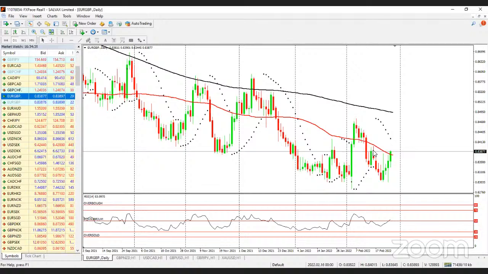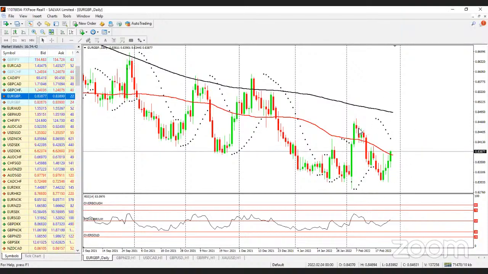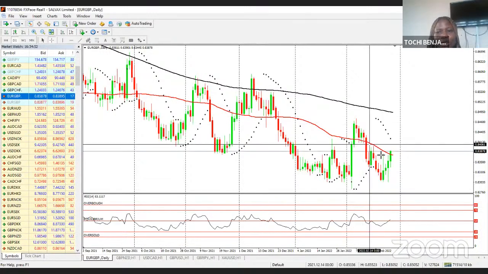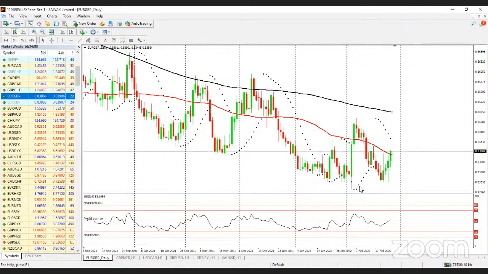Oh, finally, it's finally buying. I've always used the Euro GBP, as in fact we had it as a buy for the week. Now look at it.